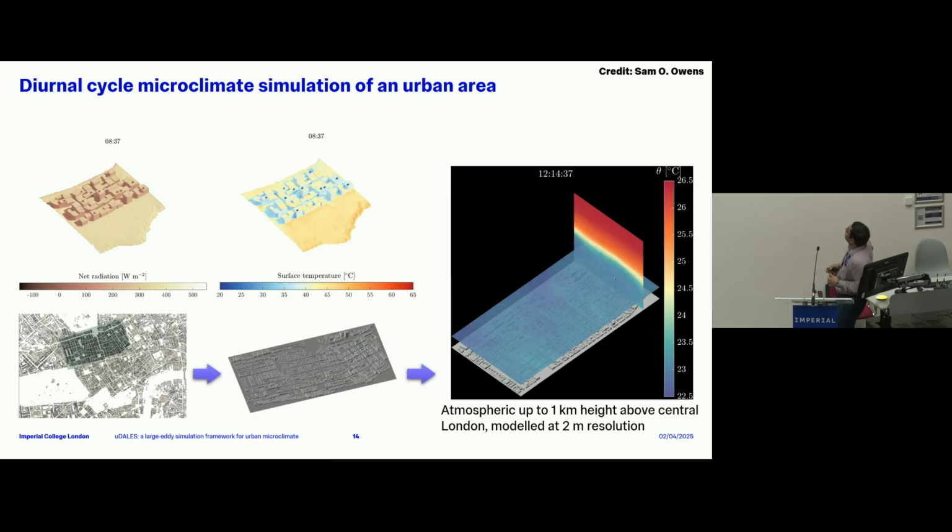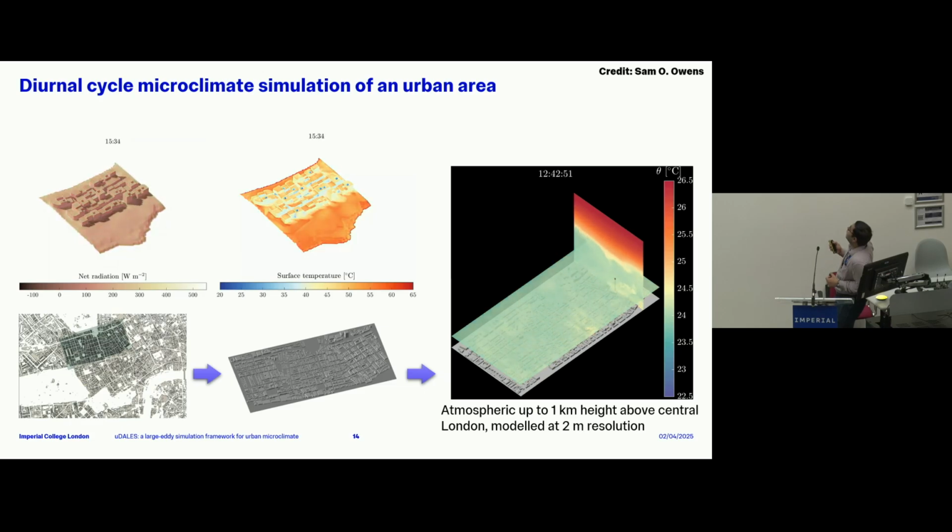Here we simulate the atmosphere up to 1 kilometer height above central London at 2 meter resolution, to understand how the atmosphere behaves, again in the daytime. Here we are showing a video from about 12 o'clock to 3 o'clock in the afternoon.